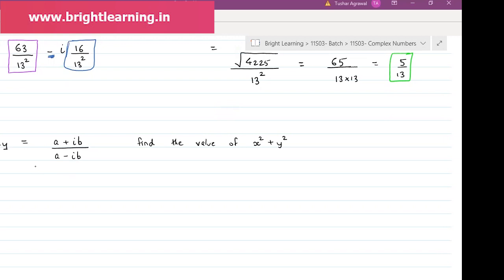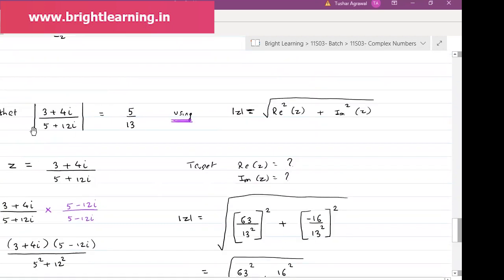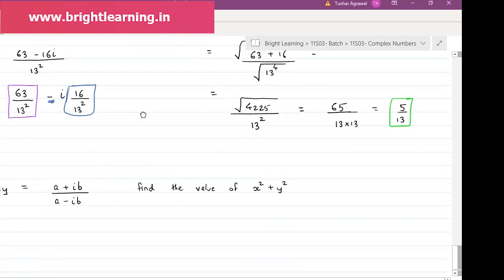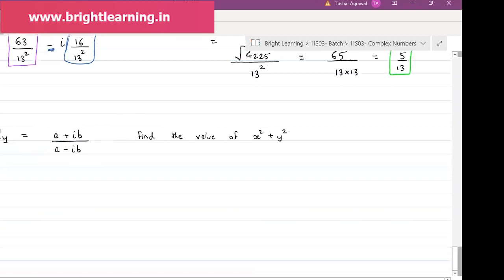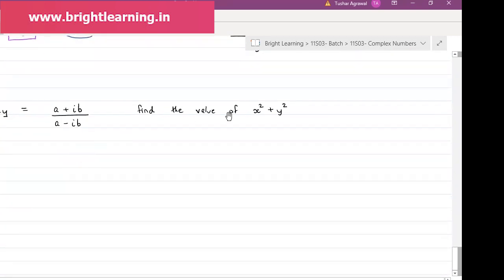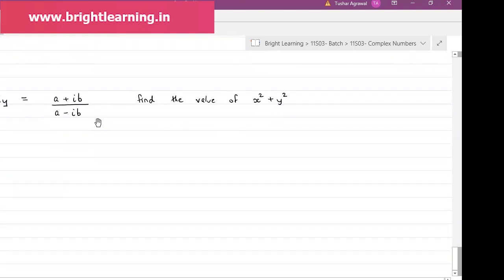There are two methods. First is the traditional method that we did here. It is x plus iy. First I will find x, then I will find y separately, and then I will take their squares and add.